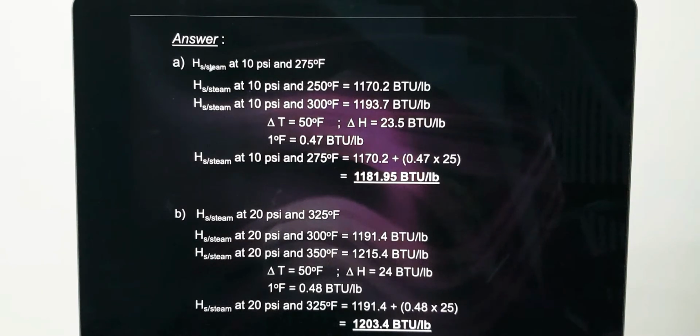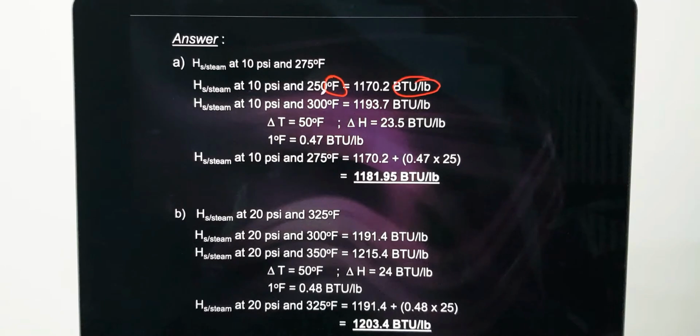For enthalpy of superheated steam at 10 psi and 275 degrees Fahrenheit, we gather the information that we can get from the superheated steam tables. So 10 psi, 250 degrees Fahrenheit is 1170.2 BTU per pound. Please make sure that you do not leave out the unit. This unit is important because it represents the parameter that you are writing.